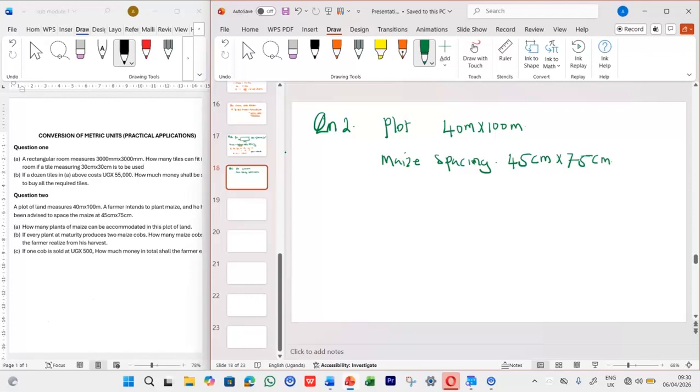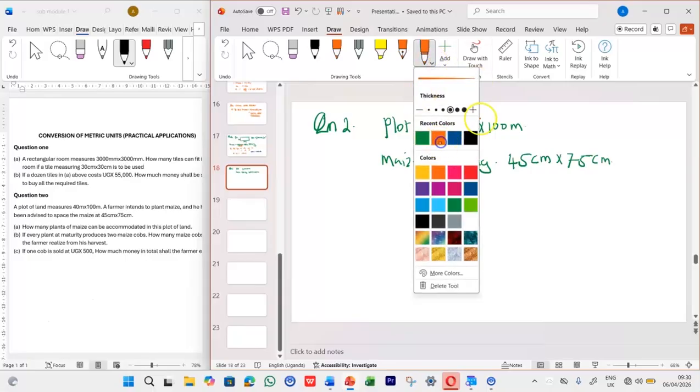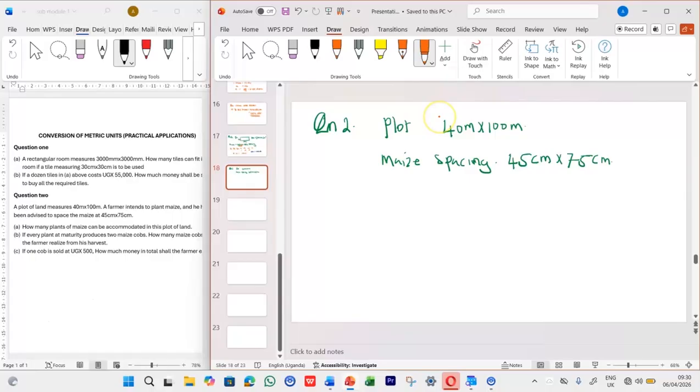So they are asking in part A, how many plants of maize can be accommodated in this plot of land? I want us to look at the area of the plot as A1 and the area of maize as A2.